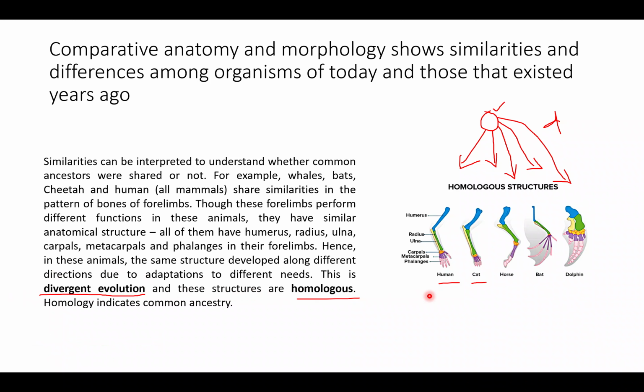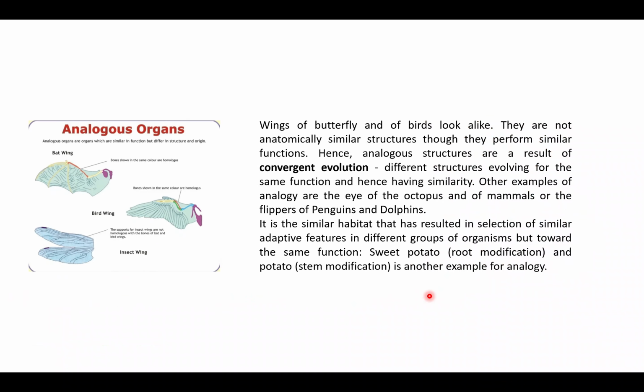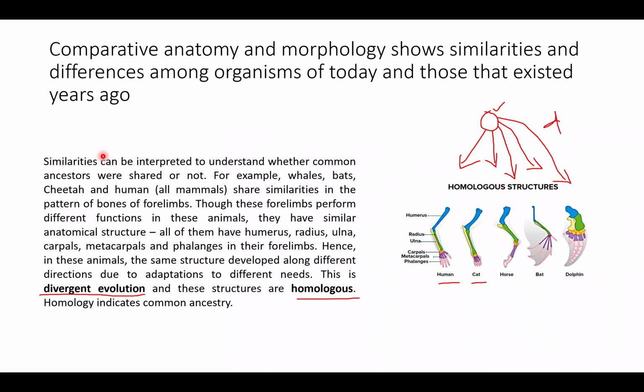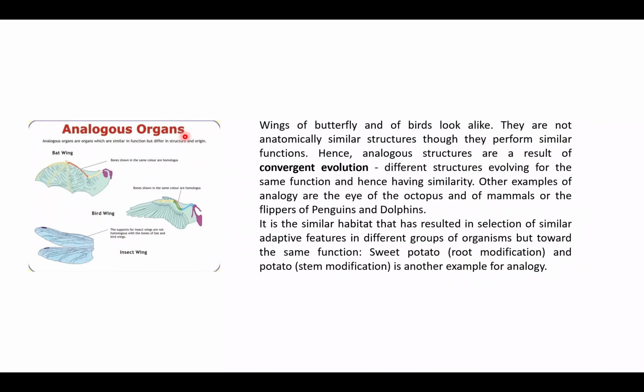Now let us look at something different, something upside down. That was homologous organs. They have different functions, but they look alike. In the case of analogous organs, they have the same function, but they look different.